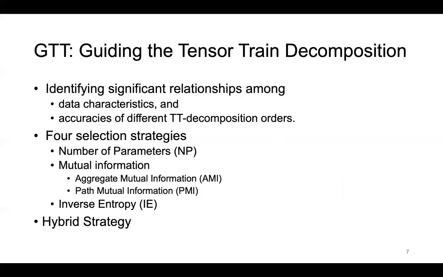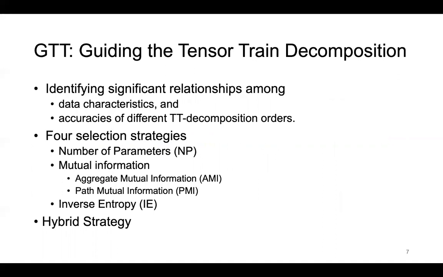So here we propose GTT regarding the tensor train decomposition. In this work, we identify a significant relationship between the data characteristics and the accuracy of different tensor decomposition orders. And based on this data property, we propose 4 selection strategies.